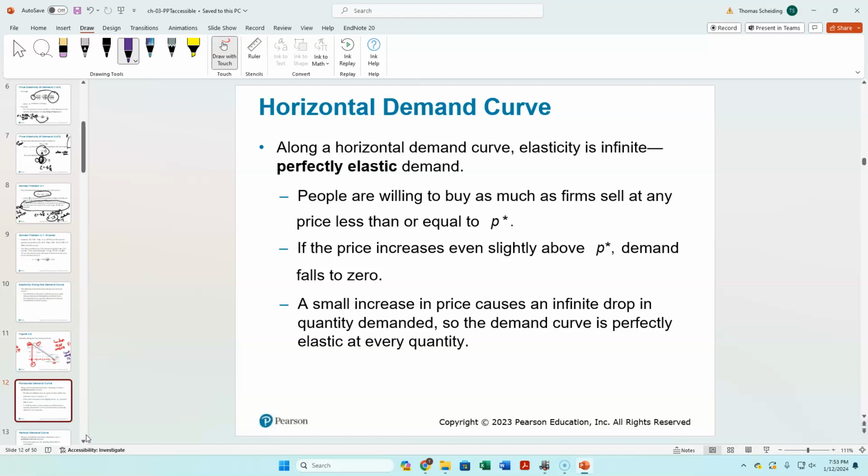People would buy as much as possible as long as the price is less than or equal to the market price, the equilibrium price. But even if it changes just a little bit above the price, no one has any allegiance to any particular brand, and the demand falls to 0.